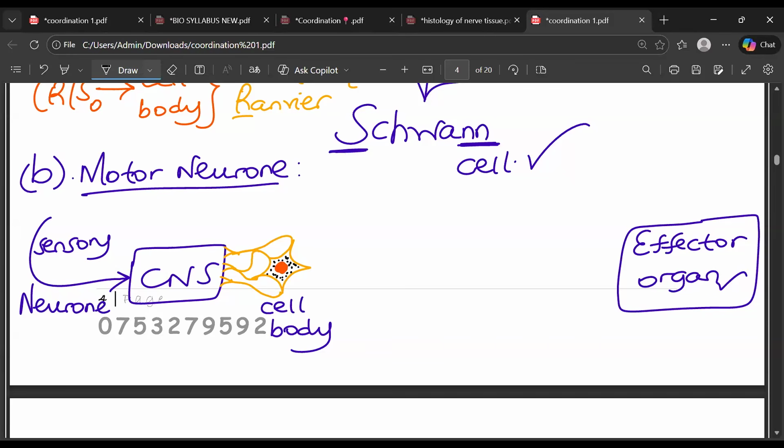Then you know that these ones are the dendrites. Those granules. Do you see that?